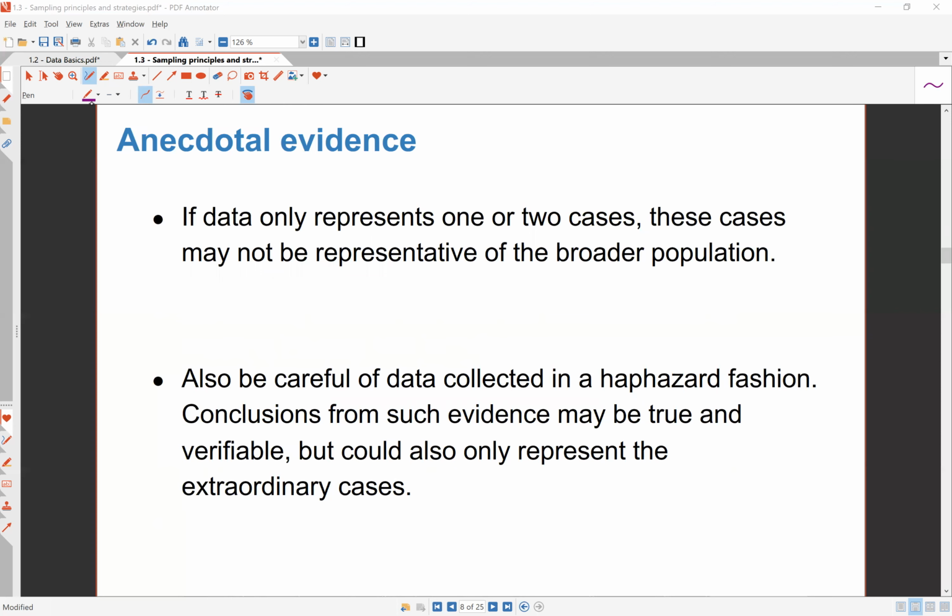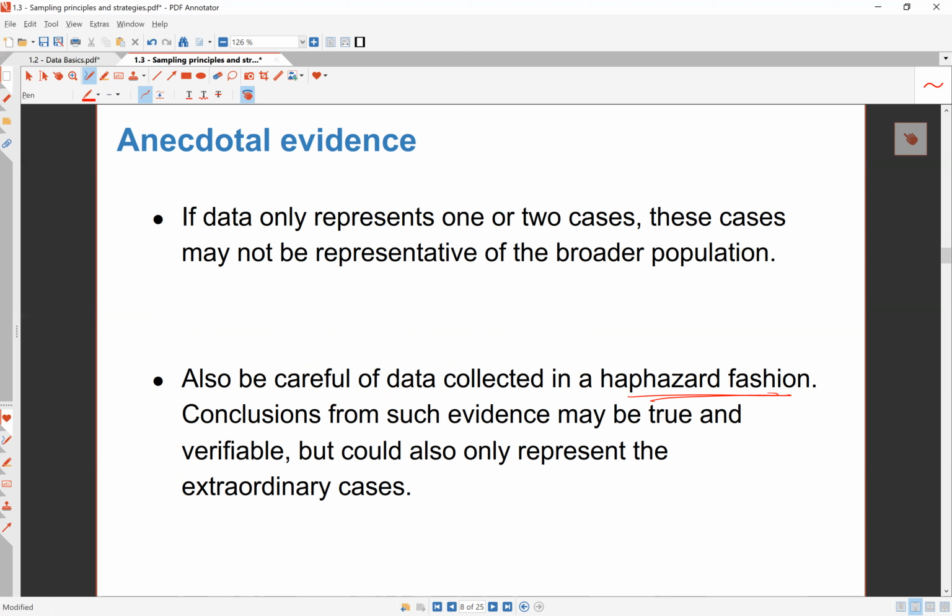Also, anecdotal evidence is often information collected in a haphazard way. I know a person who. That's a great way to start a sentence if it's haphazard information collection, right? My uncle does this, or I have a brother who. There was no scientific thought given to collecting different units from the population.